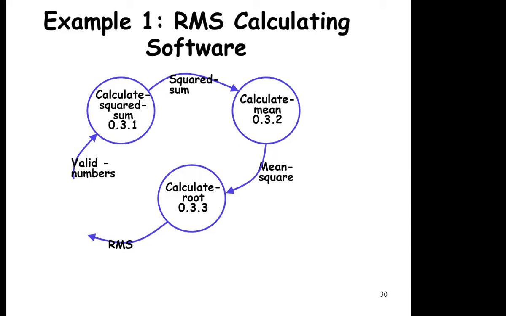If this one were exploded, the numbering would be 0.2.1, 0.2.2, 0.2.3. But here this one is being exploded, so therefore the numbering is 0.3.1, 0.3.2 and 0.3.3.